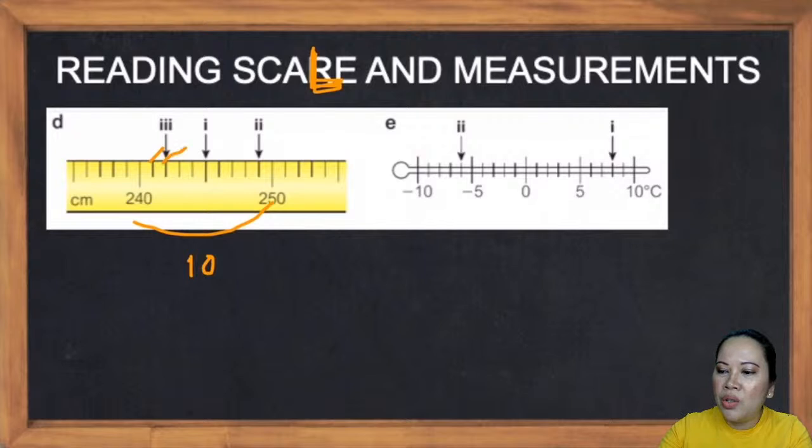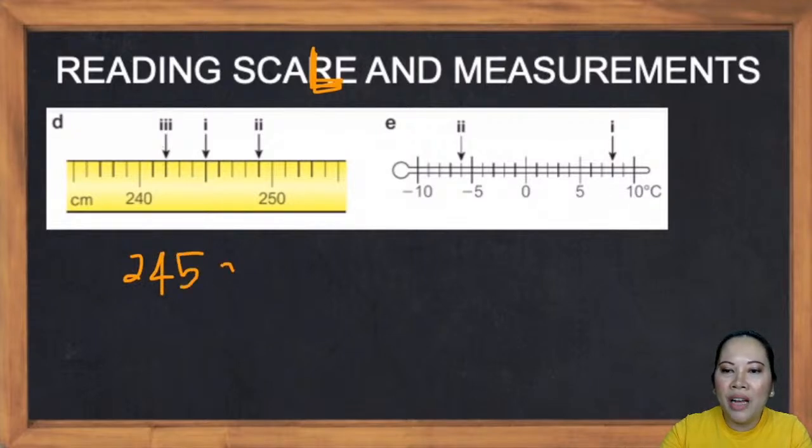So that's 1, 2, 3, 4, 5, 6, 7, 8, 9, 10. So there are 10 lines in the middle, and the gap between 240 to 250 is 10. Therefore, each line represents 1. So what will be the measure of I? 245, that is correct. 245 centimeters.